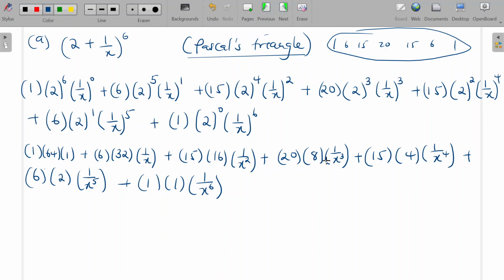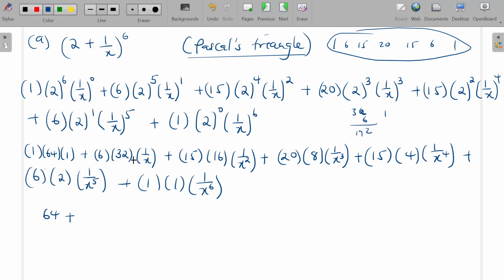So this one which you've gotten here, you can just say, 1 times 64 times 1, that is 64, plus 6 times 32. So 32 times 6, that would be 192.